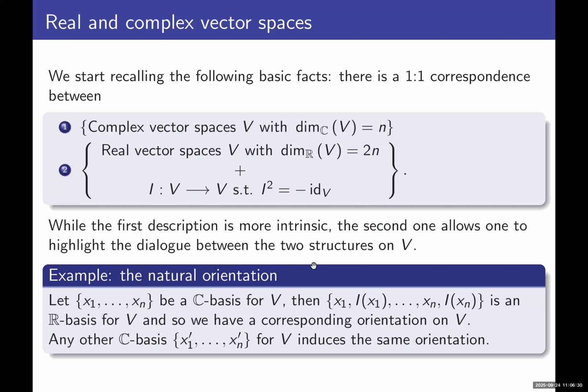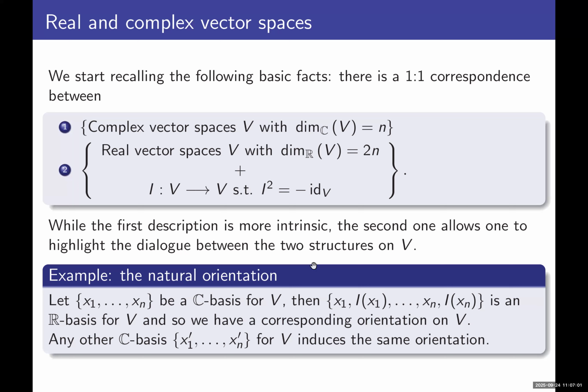For example, if we start from a complex vector space and see it as a real vector space with the almost complex structure I, then once we choose a C-basis for this space, we can produce in a standard way, namely by applying I to all these vectors, a new basis over the reals.